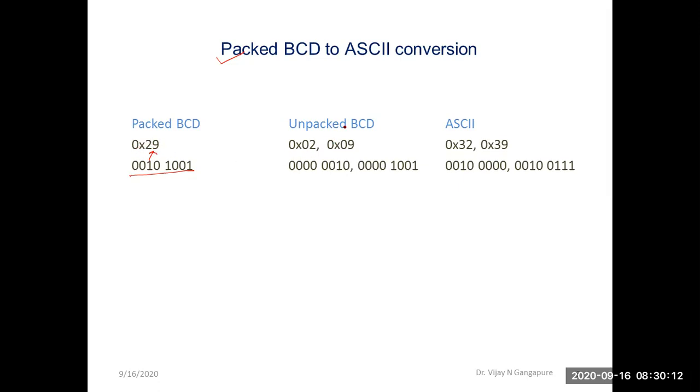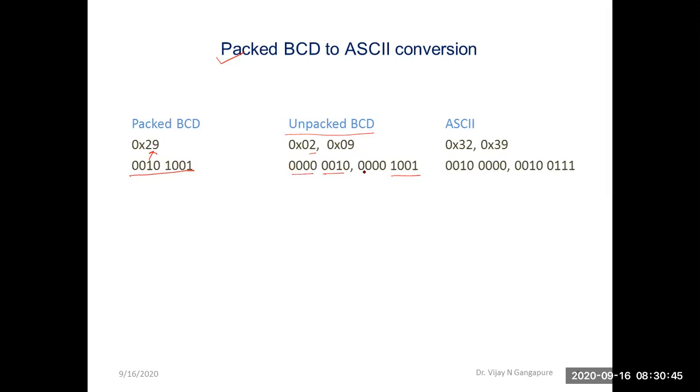If we convert this 0x29, or 00101001 BCD number, to unpacked BCD, that means to represent 2 we have to use 8 bits, and to represent 9 we have to use another 8 bits. So here 0x02 is representing BCD number 2, that is 0010, and 0x09 in hex is representing BCD number 1001.